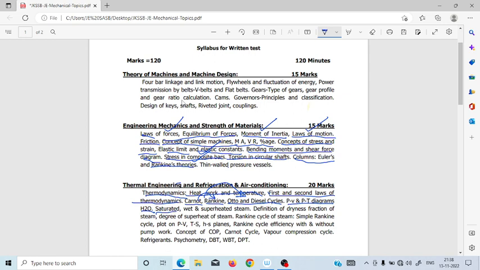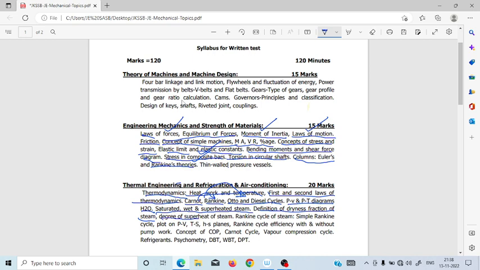We'll also draw the PV and PT diagrams for water, which we study in psychrometry. Then we'll study saturated, wet and superheated steam, which is an application of the PV diagram and the various sections in the PV diagram, which are shown as saturated, wet and superheated steam. Then we'll move on to the definition of dryness fraction of steam. This definition of dryness fraction we'll discuss with respect to the PV diagram of water.